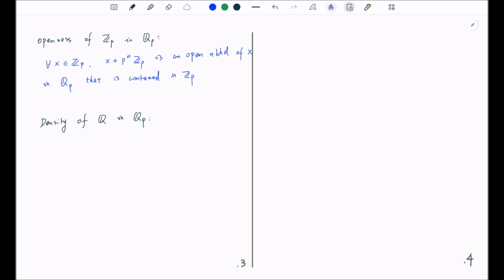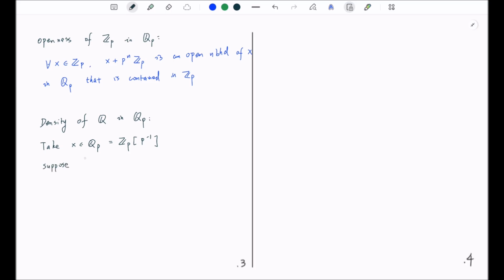And finally, let us see how the field of rational numbers is dense in Q_p through some embedding. We take any element x in Q_p, which can be viewed as Z_p adjoining p inverse.